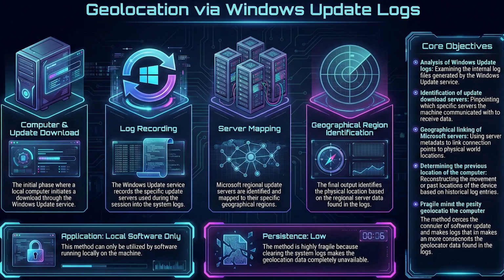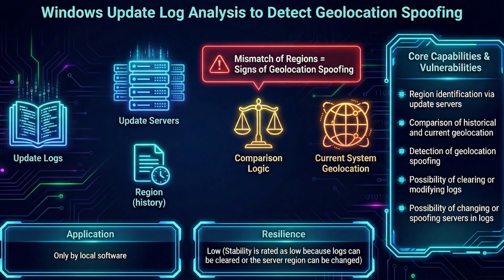As such, local software can access these logs and determine where the update was downloaded from. And in this case, it will be very difficult to prove that, for example, you, as a US resident, for some reason decided to download an update to your desktop PC from Vietnam or North Korea, hypothetically.